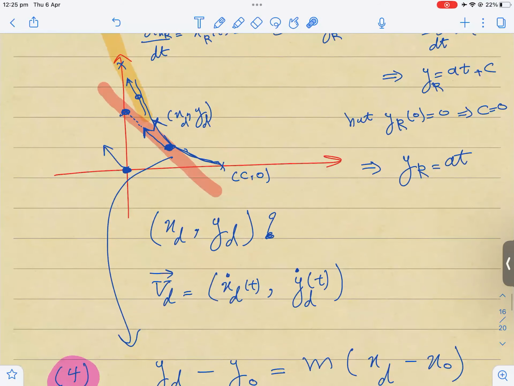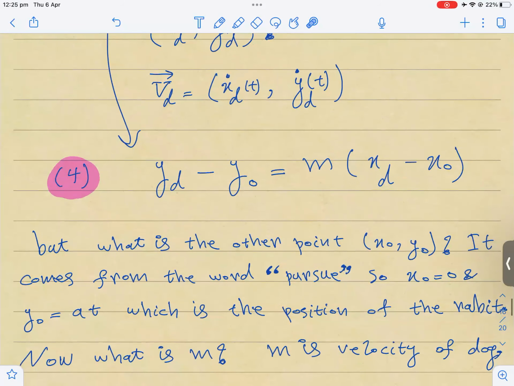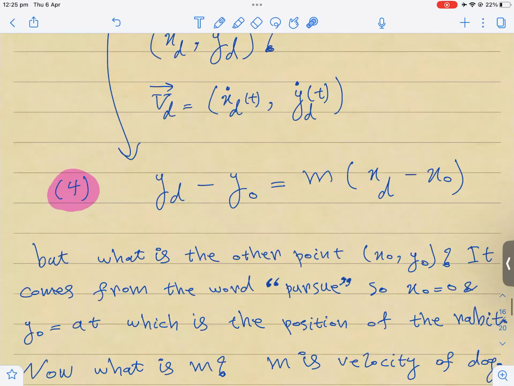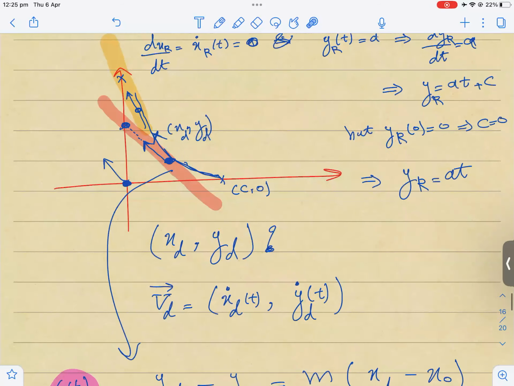We need to know Y0, M and X0. They come from the pursuit.